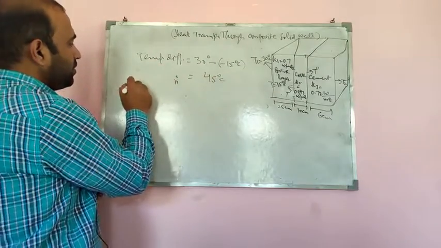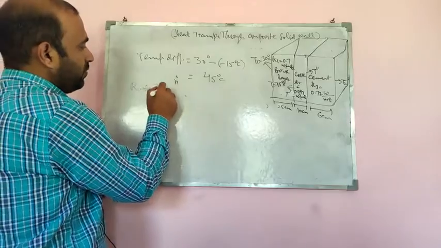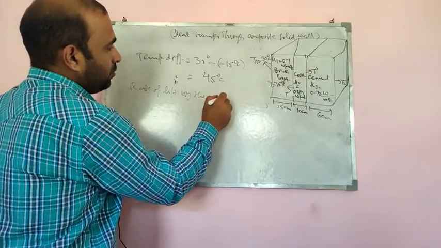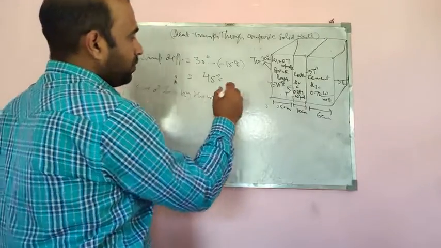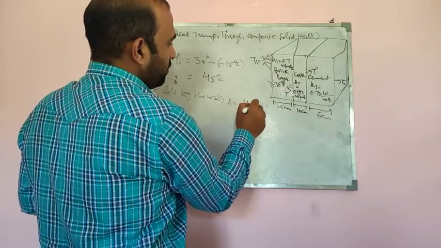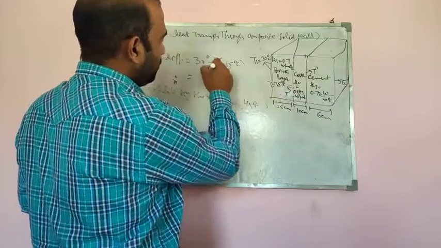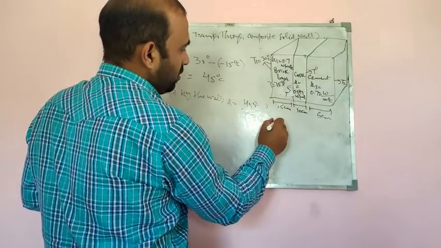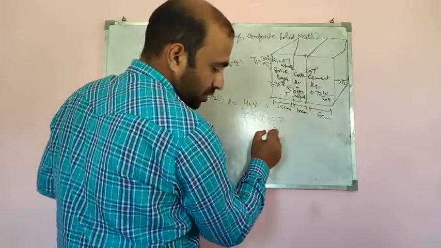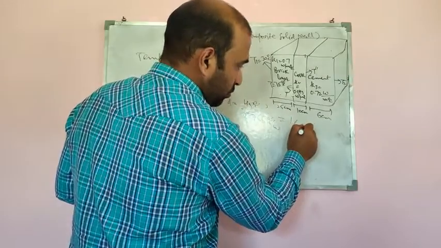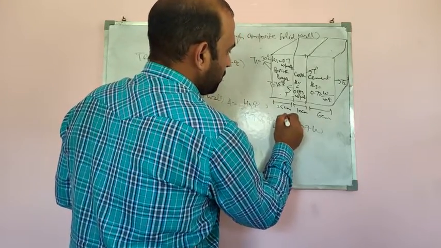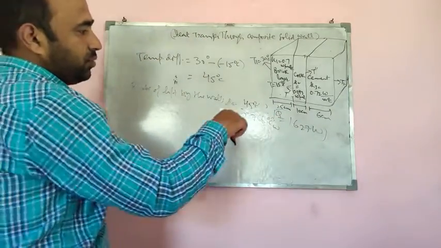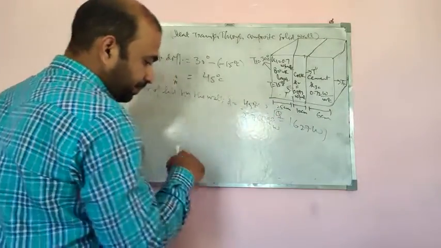Now the rate of heat transfer by the wall: Q should be equal to the temperature driving force divided by the total thermal resistance, 2.766 degrees Celsius per watt. When you calculate it, it comes out to be 16.27 watts. That means Q, the total heat transfer by the wall, is 16.27 watts.